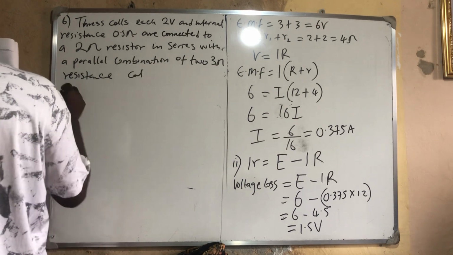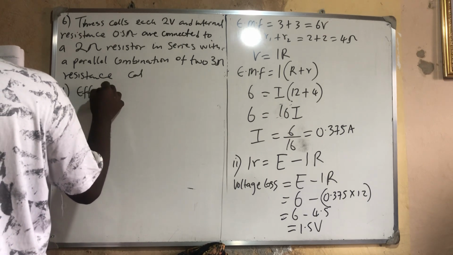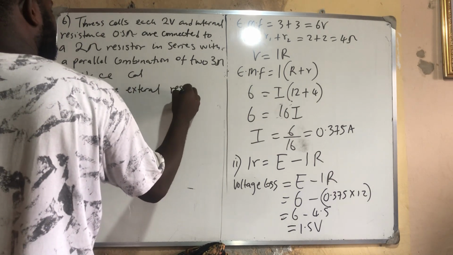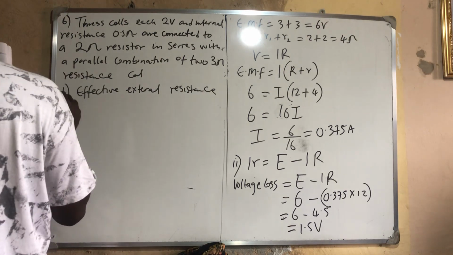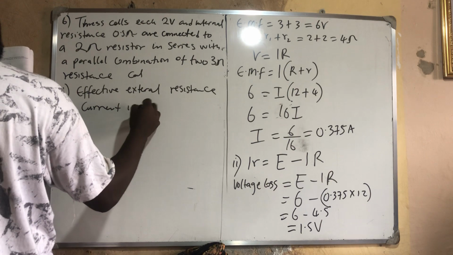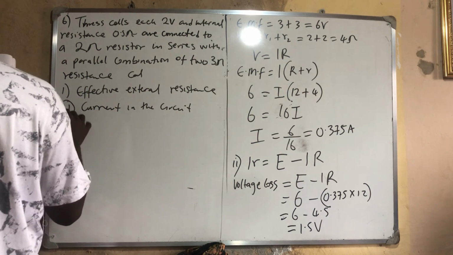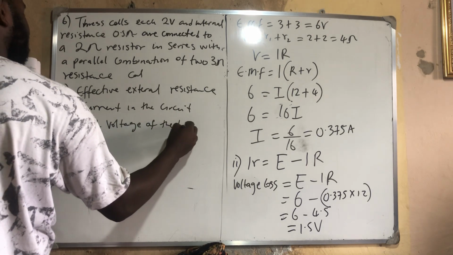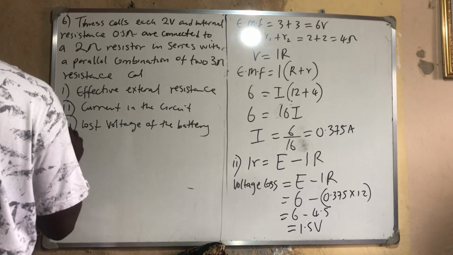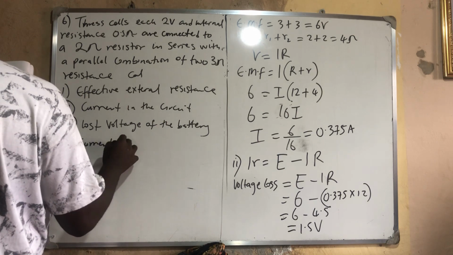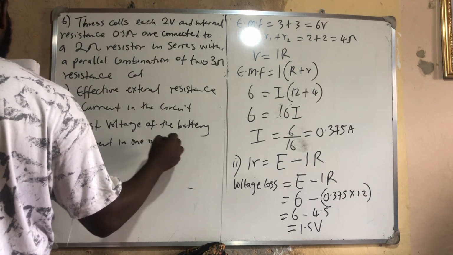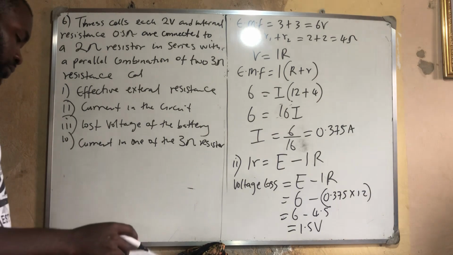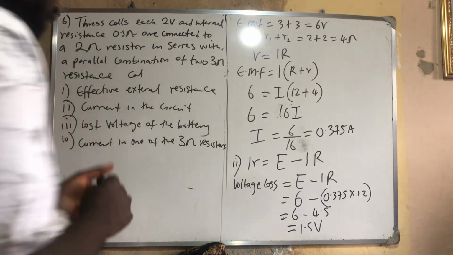Then calculate: I, the effective external resistance; II, the current in the circuit; III, the lost voltage of the battery; IV, the current in one of the 3 ohm resistors. Okay, let us solve this.